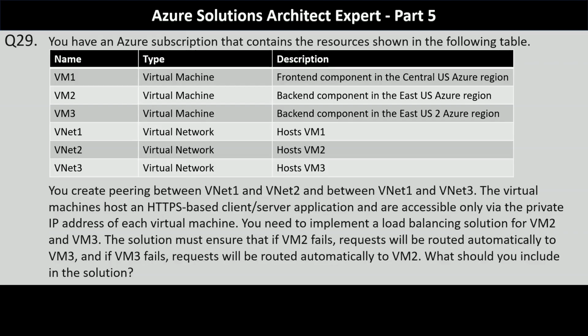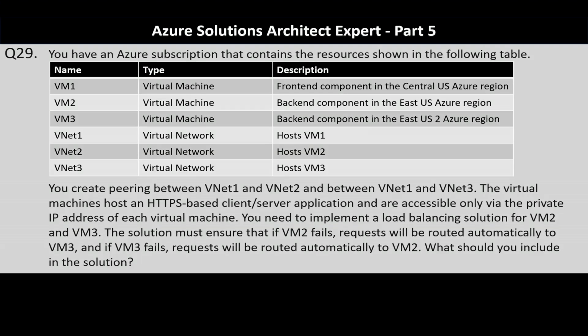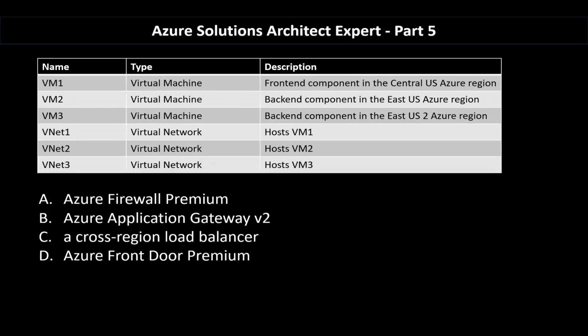The solution must ensure that if VM2 fails, requests will be routed automatically to VM3, and if VM3 fails, requests will be routed automatically to VM2. What should you include in the solution? And folks, your options are Azure Firewall Premium, Azure Application Gateway version 2, a cross-region load balancer, Azure Front Door Premium.